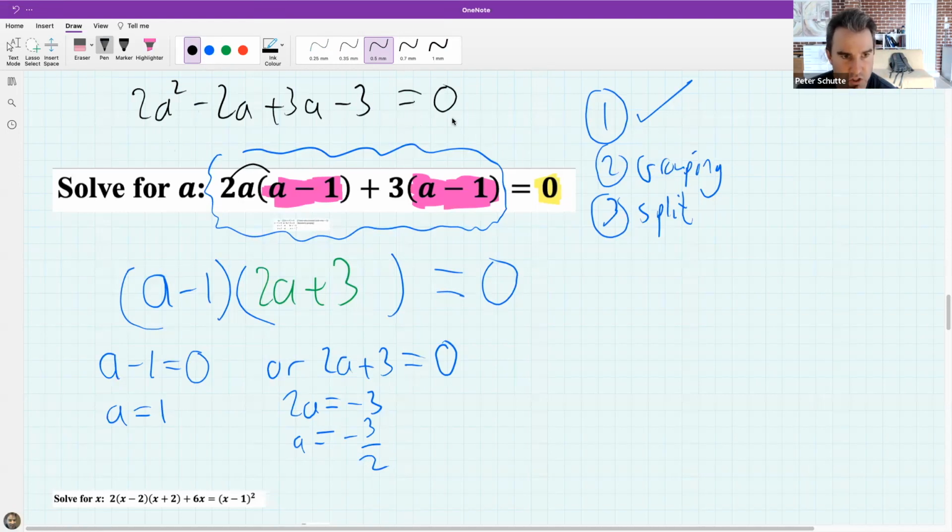Okay, what you notice now is that these are like terms. And so you get 2a squared plus a minus 3 is 0. That's a trinomial that you can factorize, and it will give you exactly the same answer. Does that help, Siyabonga?